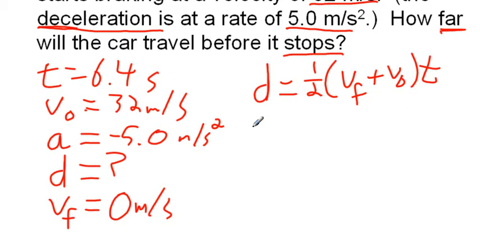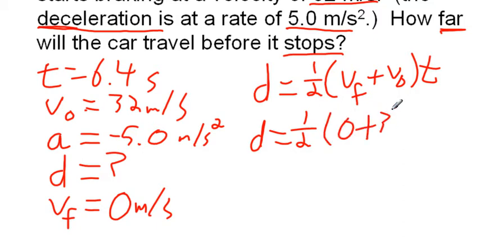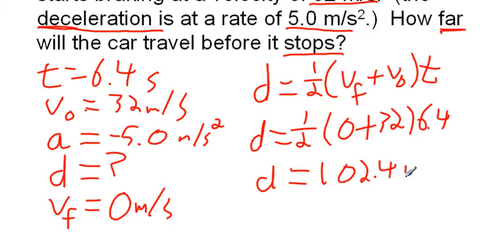So in this case, we have d is equal to 1/2 times vf, which is 0, plus 32, which is our initial velocity, times our time, 6.4. When you work this out, we get d is equal to 102.4 meters, which is what your calculator will give you.